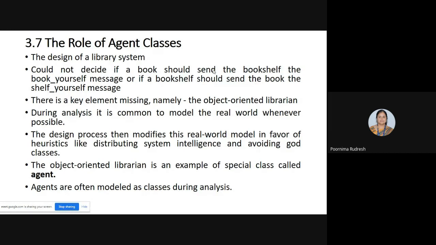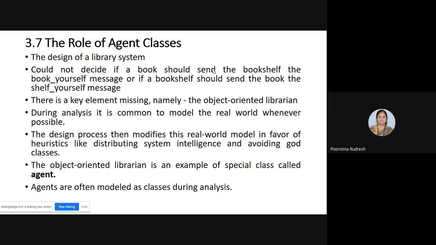Our agents are going to be created as classes. Now we understood what an agent class is. It is a special class in object-oriented design. You can explain it by taking the example of the library system once again. Here the librarian is the special class, and that special class is called an agent. During the analysis phase, we are creating the agent as a class.